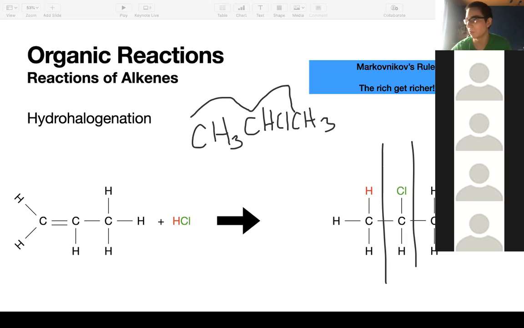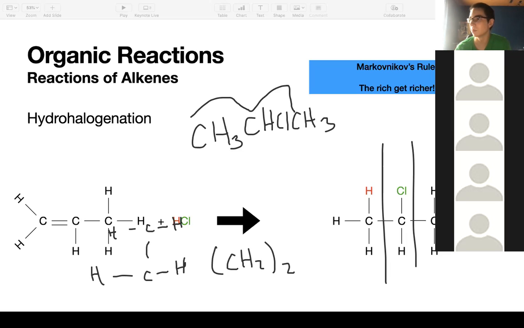That's why in that one problem, it was CH2, CH2. It indicates there's a C surrounded by hydrogens connected to another C surrounded by hydrogens. So either C3H7Cl or this up here, they're both correct, but this one helps you visualize it, if that makes sense. Yes, it does. Thank you.